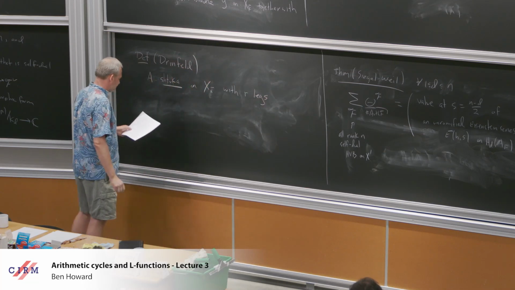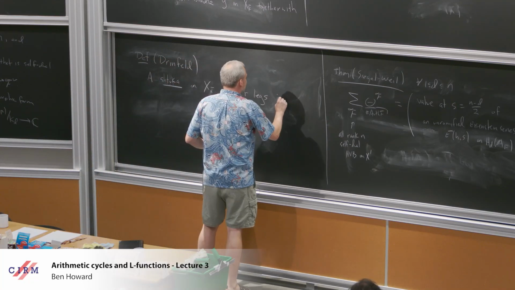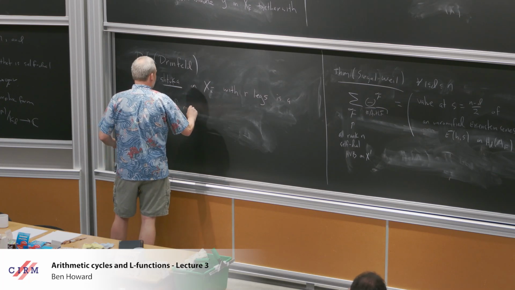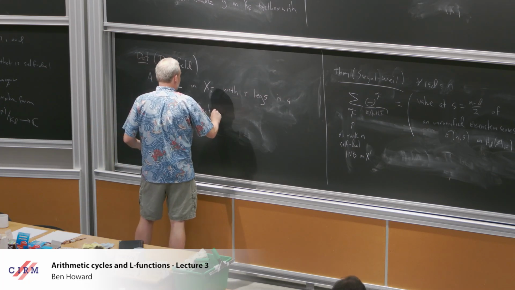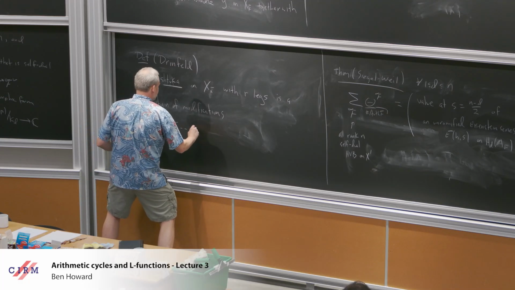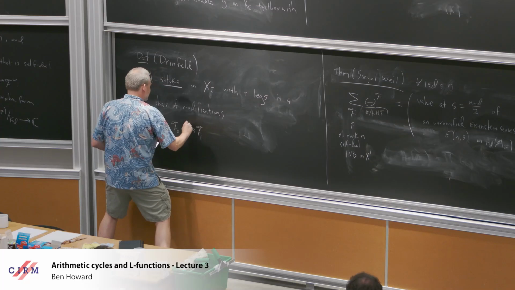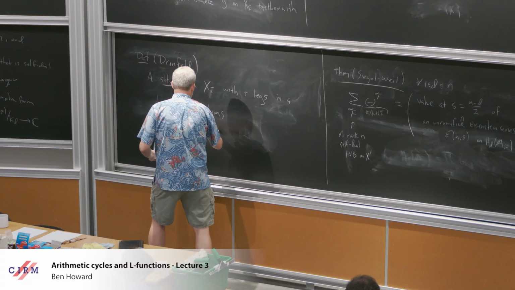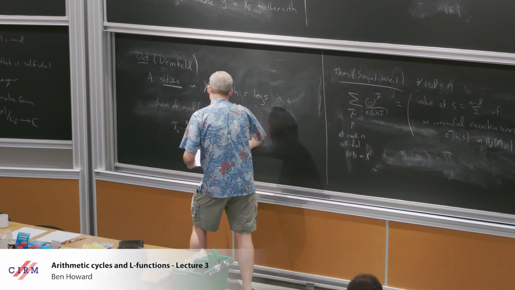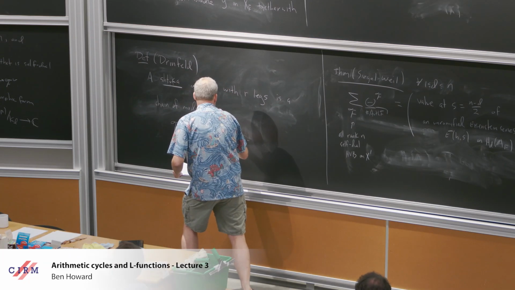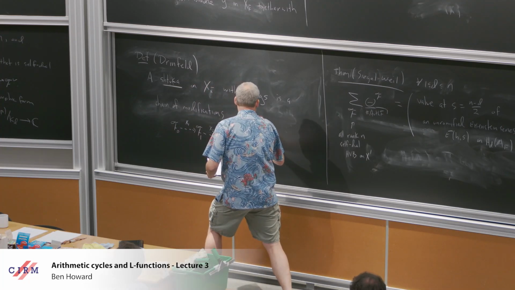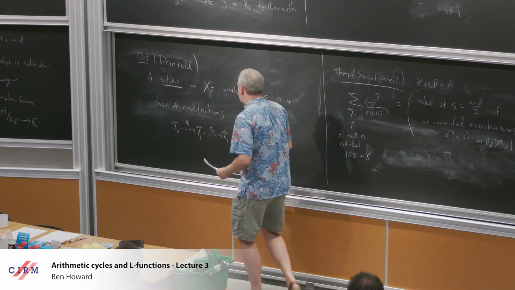With r legs is a chain of modifications. So you start at some F_0, and you modify it at some point x_1, and then you modify it at another point x_2, and then you modify it, dash, dash, dots, and then dashes again, all the way to F_r, modified at x_r.